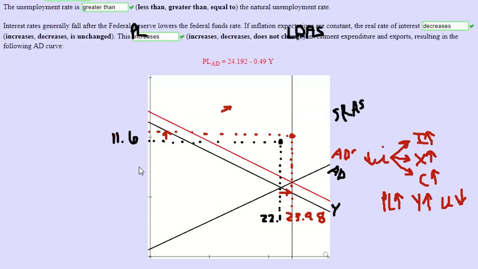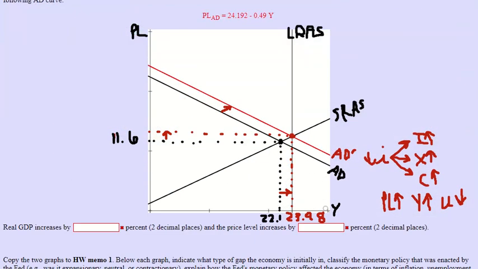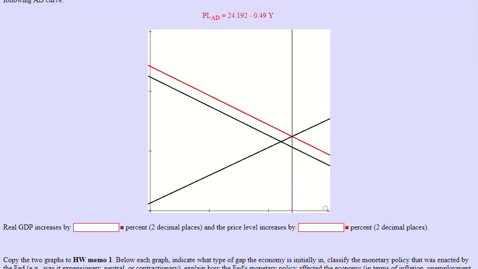So let's go back here. So the new price level is 12.44. Okay, so that's a fully graphed curve that you'll need to do for your memo. Okay, so let me erase all that.